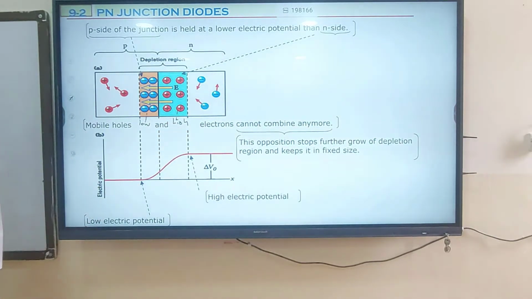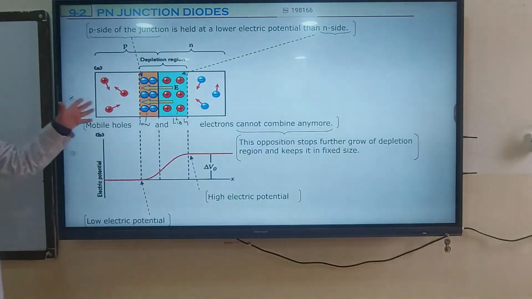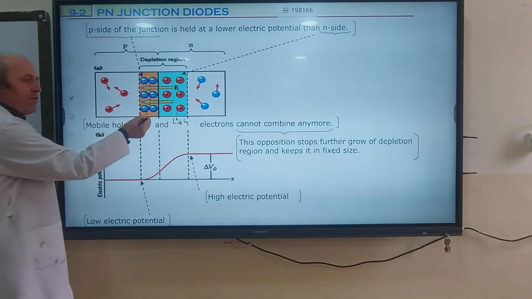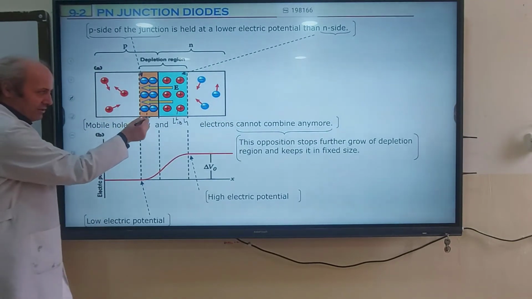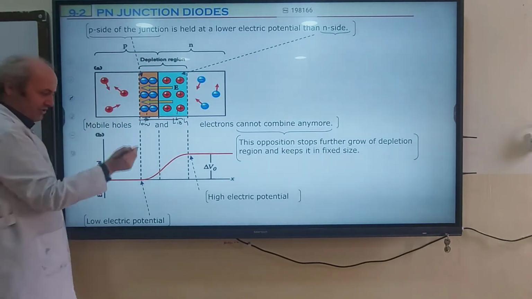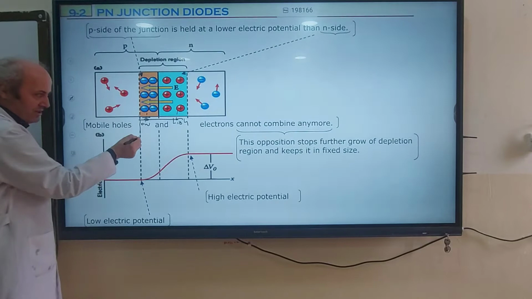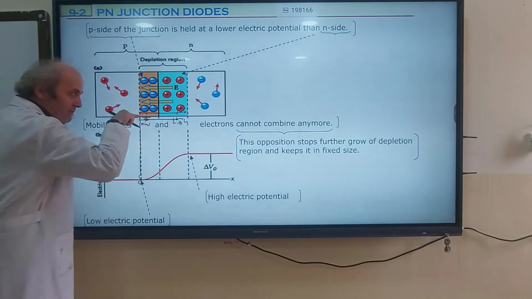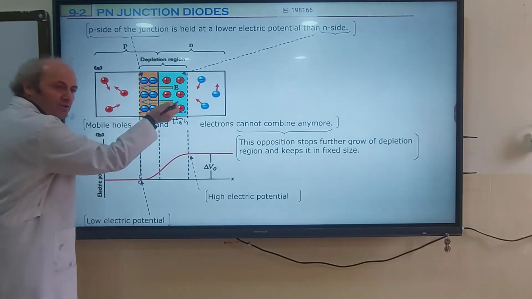Let me represent how electric potential changes through a PN junction. If I say that low is 0, then from left to right the potential is increasing. Assume that here the potential is 0. Then when you go from left to right, it goes from negative to positive.